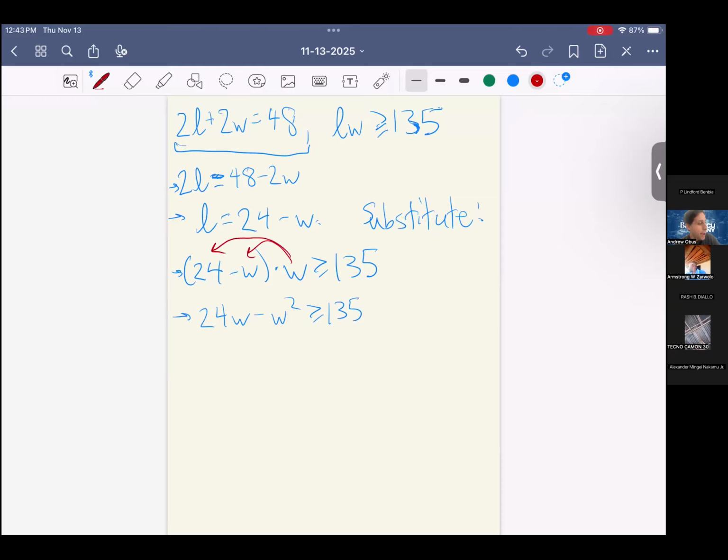Okay. And now I can move everything to this side. Adding and subtracting things does not change the sign of an inequality. So I can add W squared to both sides and subtract 24W from both sides, and everything's going to stay the same. I still get 0 is greater than or equal to W squared minus 24W plus 135.